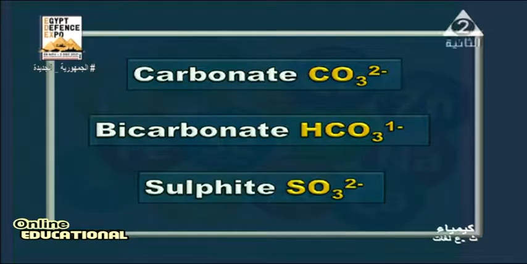Be careful that when you write the radicals, don't forget to write the charge above the radical. CO3 with 2 negative charges, HCO3 with 1 negative charge, SO3 with 2 negative charges, which indicate their valency also. Carbonate radical has valency 2, bicarbonate radical has valency 1, sulfite radical has valency 2.